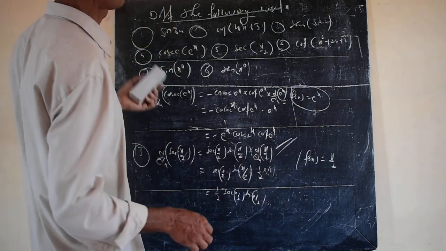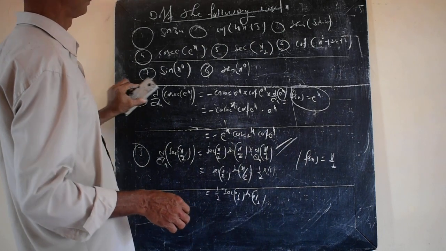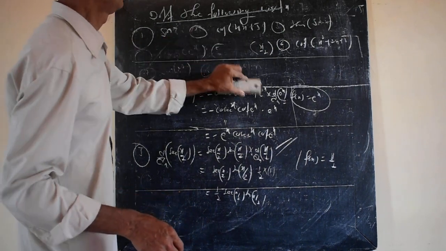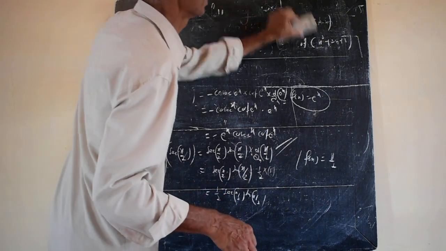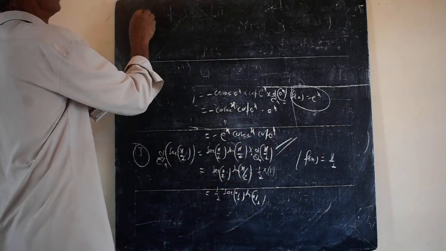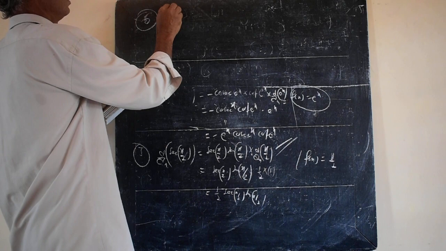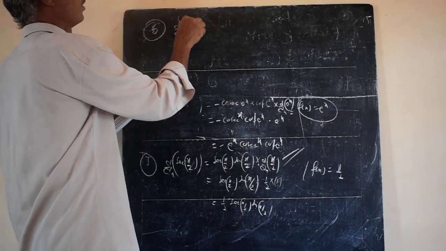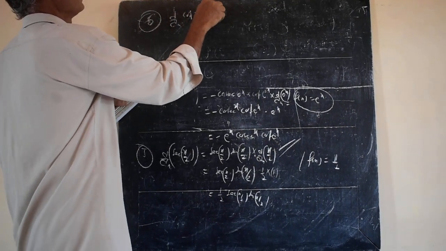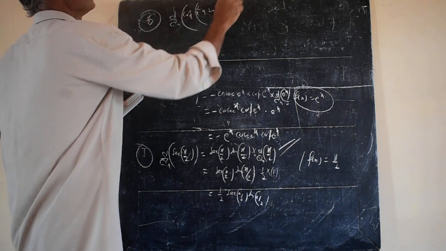And next one is cot of x square plus 2x plus 5. 6th one, d by dx of cot of x square plus 2x plus 5. Here f of x is x square plus 2x plus 5.